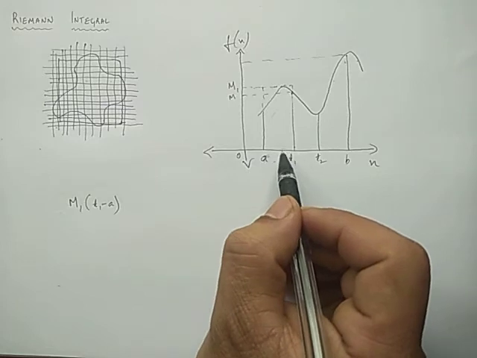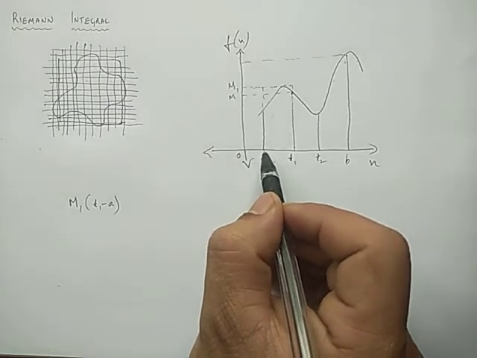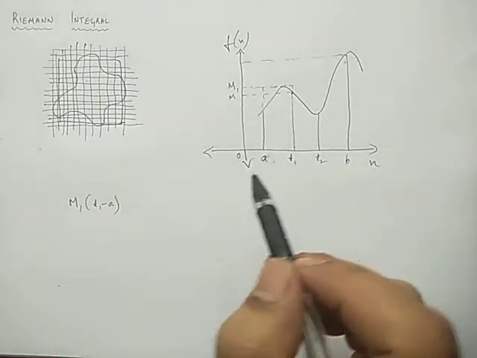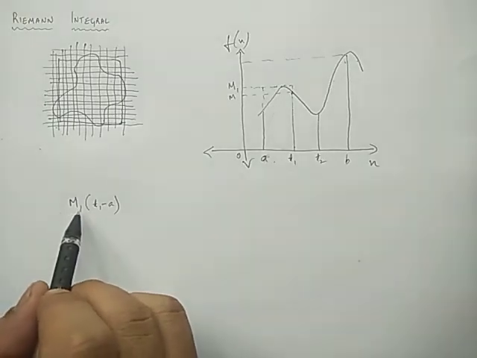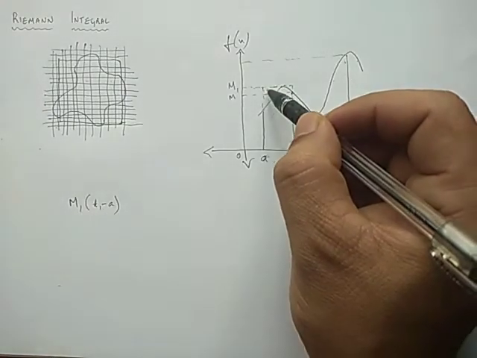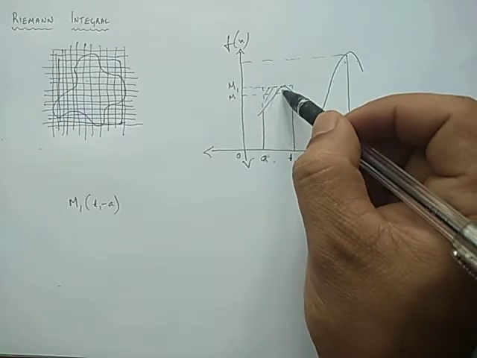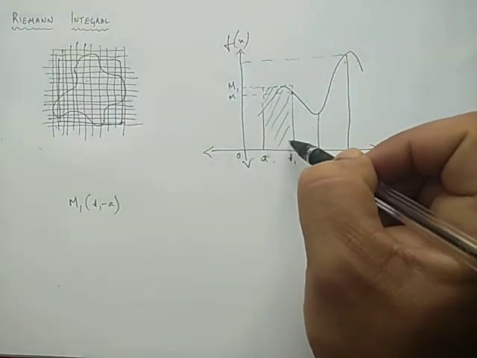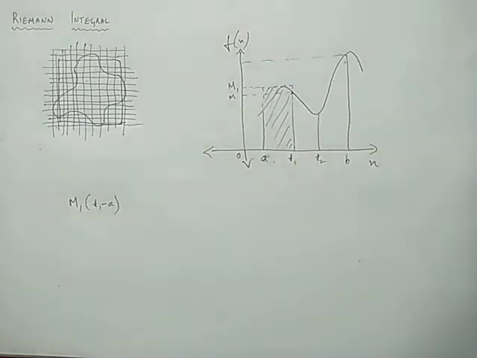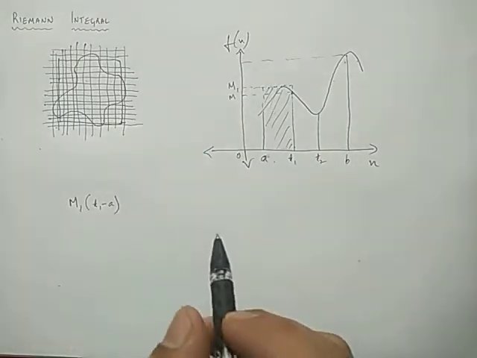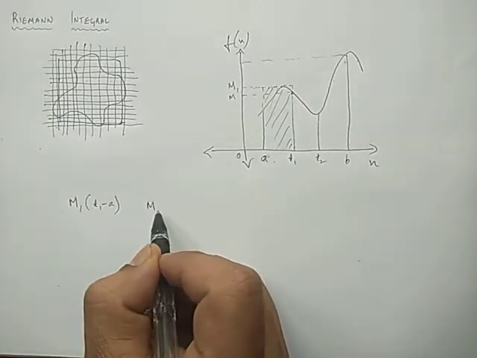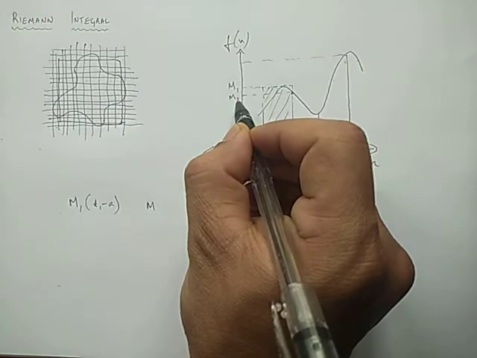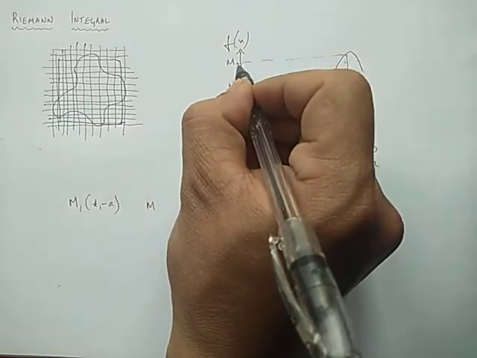So T1 minus A will give me the length from here to here. So this multiplication, M1 and T1 minus A, gives me the area of this one.